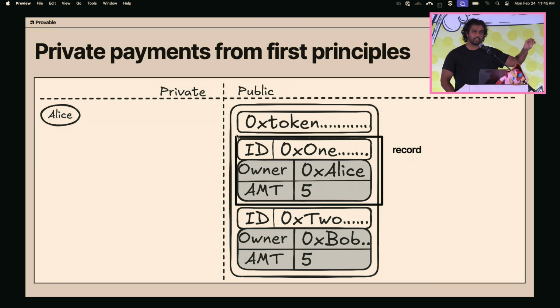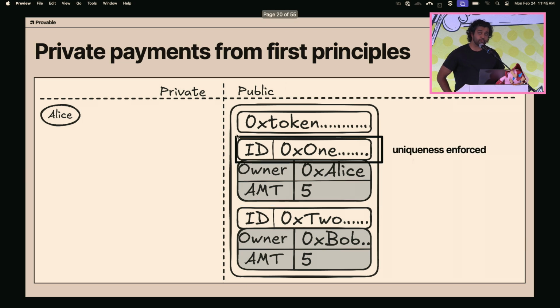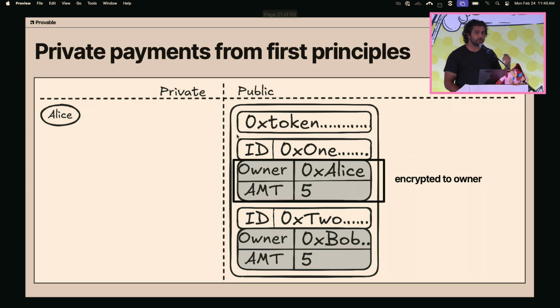And records are individual data blobs. You can think of them as encrypted envelopes, each with a public ID, which is enforced to be unique, and some encrypted data, which is encrypted to the owner of the record. If you're coming from the Bitcoin space or are familiar with the UTXO model, this effectively looks like encrypted UTXOs.